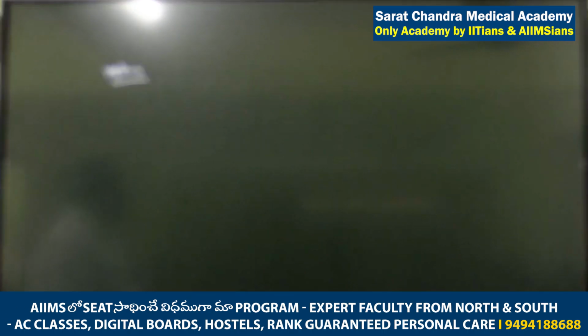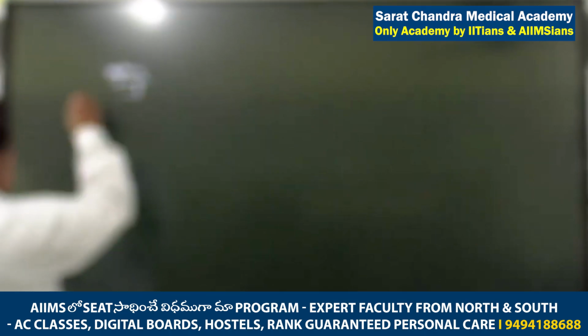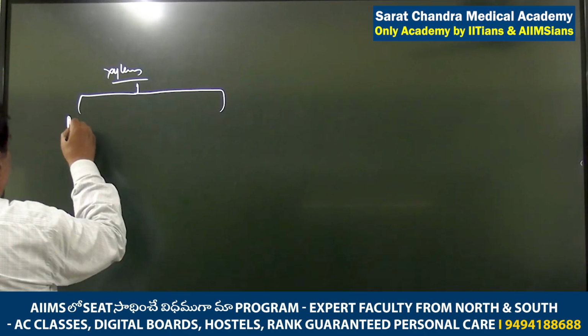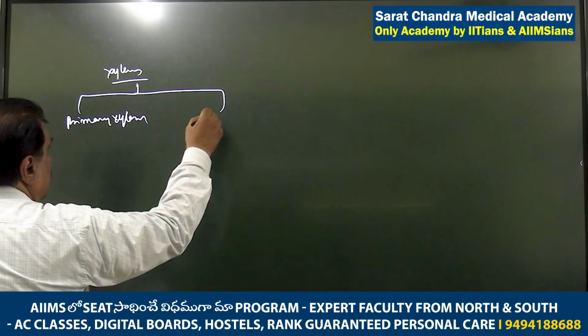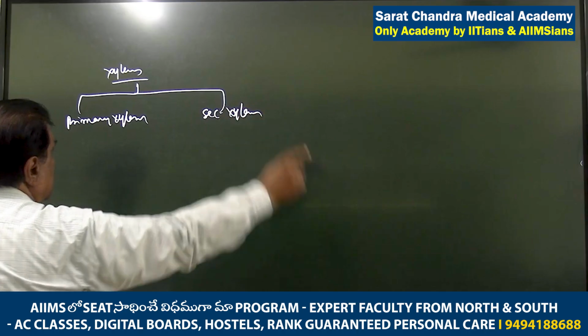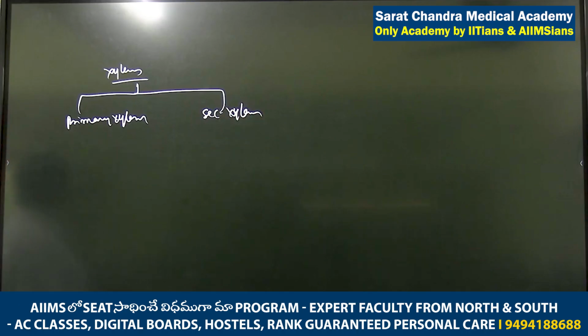Next, xylem is of two types, primary xylem and secondary xylem. Primary xylem is formed from procambium. That is embryonal cells.